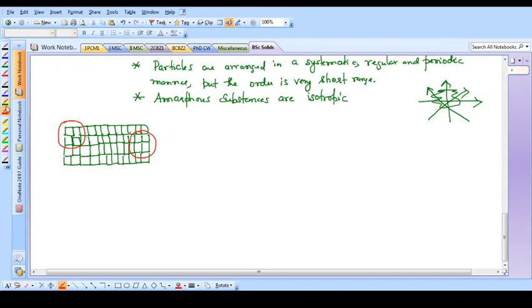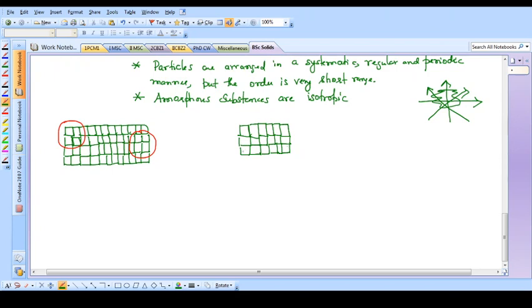What happens in amorphous solids is there is an orderly arrangement, but the orderly arrangement exists only to some extent. If you look at this diagram, this is part of the arrangement in the amorphous solid.